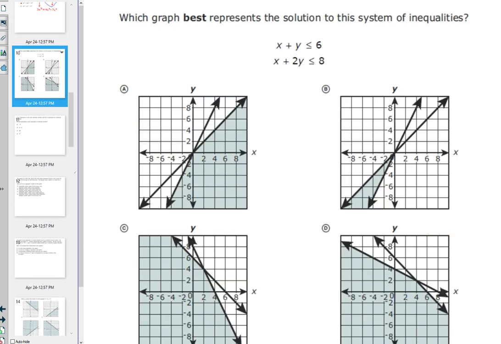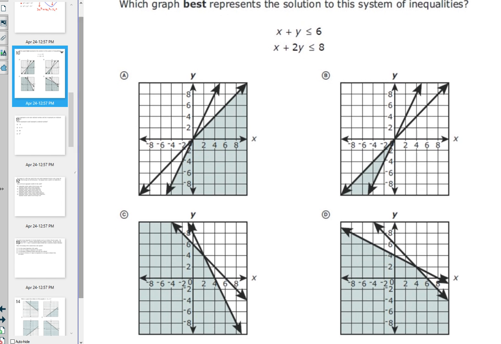Which graph best represents the solution here? I don't think we did these here, but I know other schools cover this. What we did cover was individual inequalities, so you should know what the graph, or at least the boundary, of this looks like. I would want to get y by itself. So this first one would be y is less than or equal to negative x plus 6.